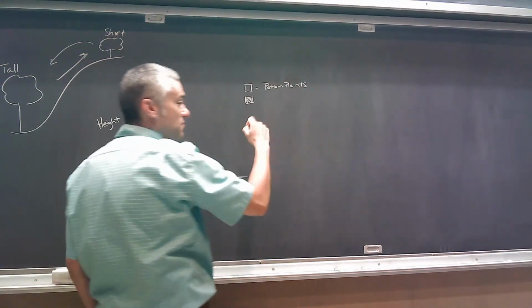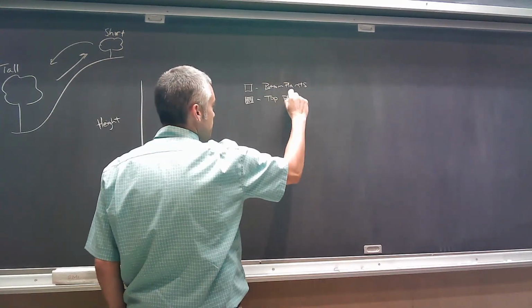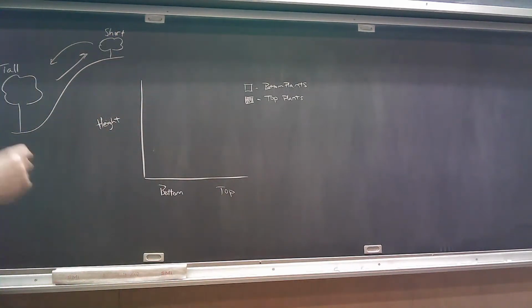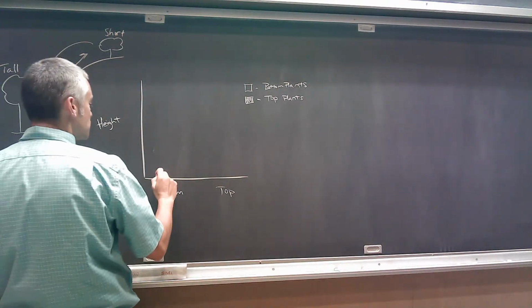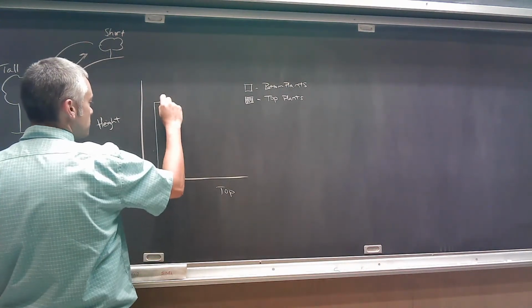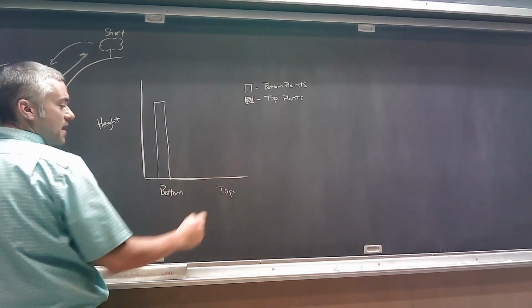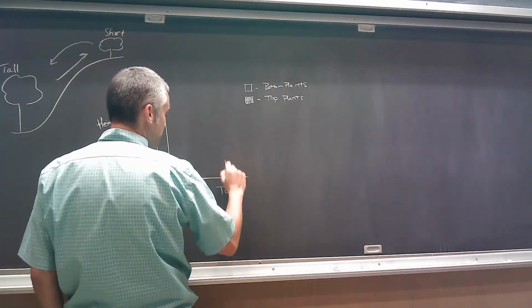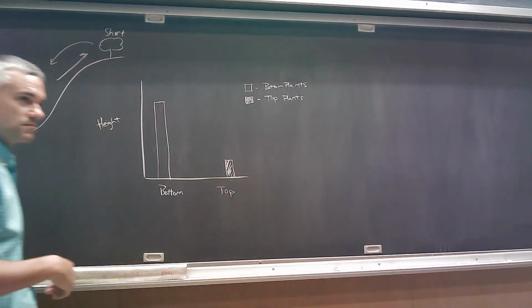So these are the plants that were from the bottom. And our hatched will be those plants that were from the top, or at least the offspring. So we know if we take offspring from the bottom plants, grow them at the bottom, they'll be tall. If we take offspring from those at the top of the hill and grow them at the top, they'll be short. So far, so good.